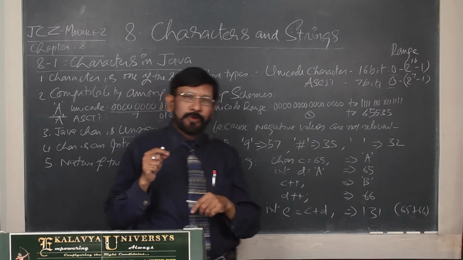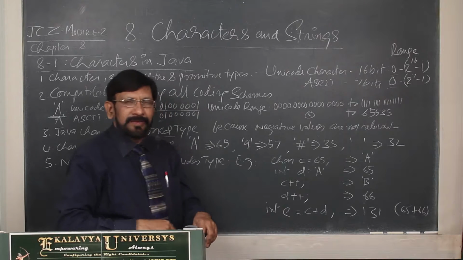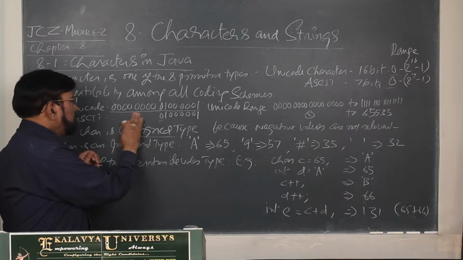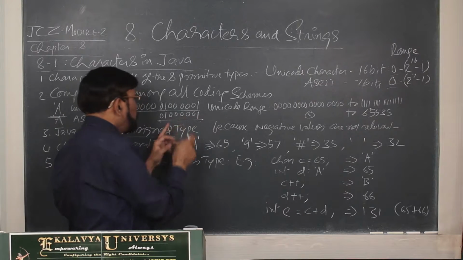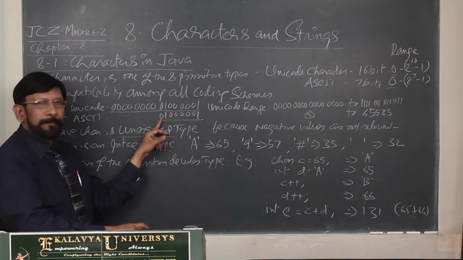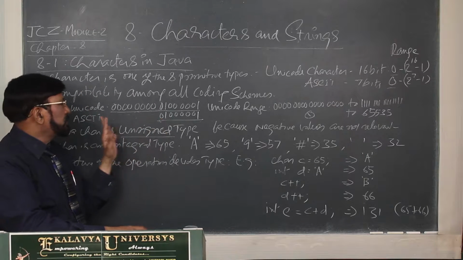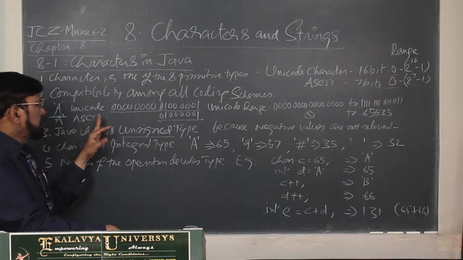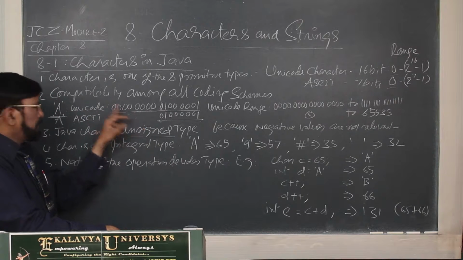How A is stored as an ASCII character, you may get it now. You see here the total is 8. So 1, 5 zeros, 1 is padded by a leading 0. This is the way characters are stored in memory.